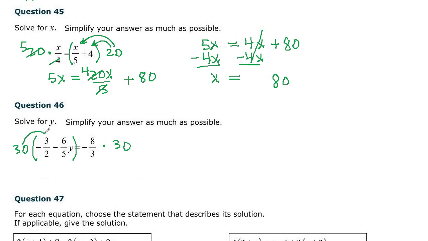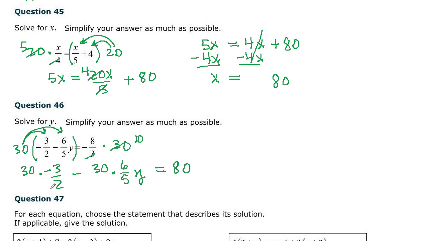On the left, it's going to distribute in. So we're going to get 30 times -3/2 minus 30 times 6/5 y. On the right-hand side, 3 will go into 30 10 times. 8 times 10, 80.